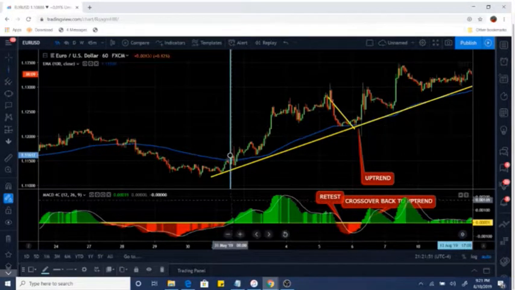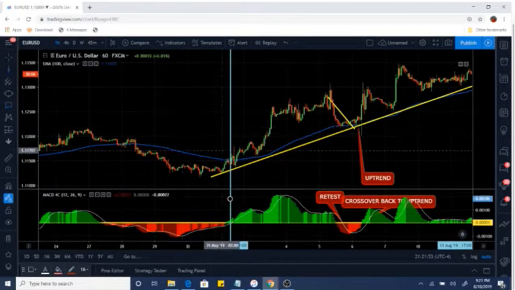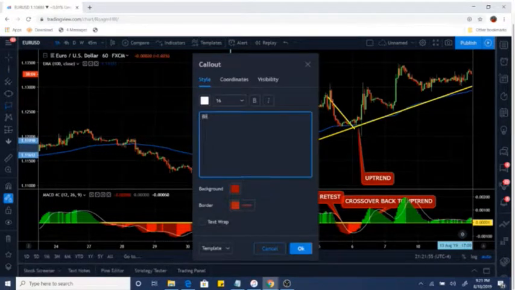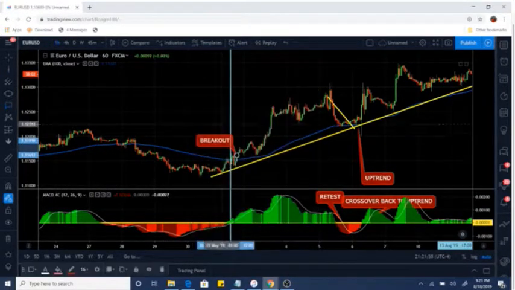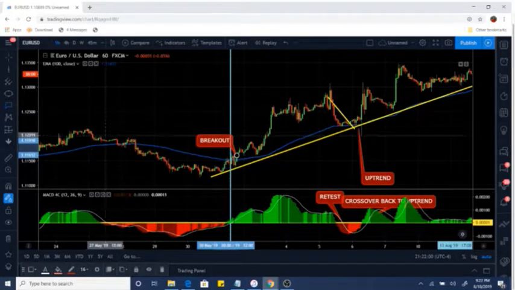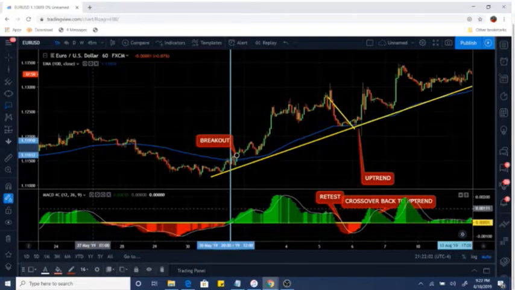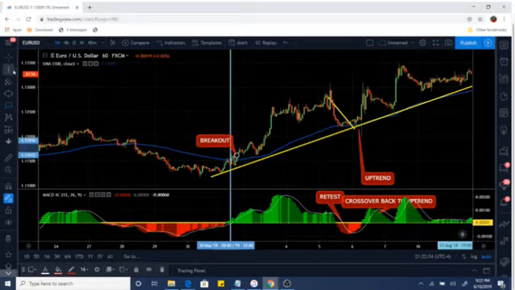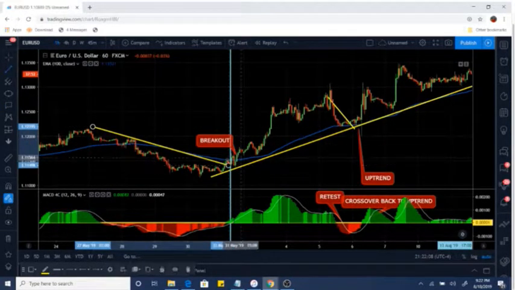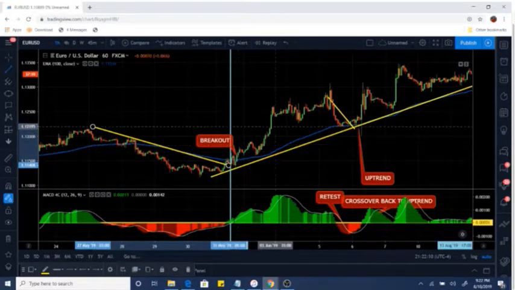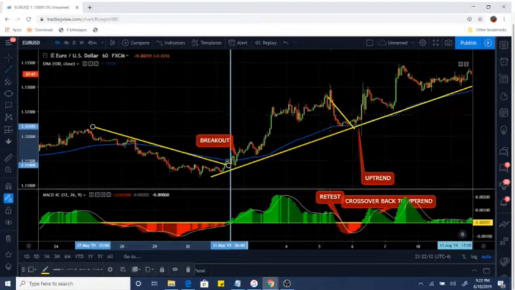That was my breakout, boom. Breakout, confirming uptrend. We just came from this downtrend, right? Breakout. All right, cool. We should get a retest.